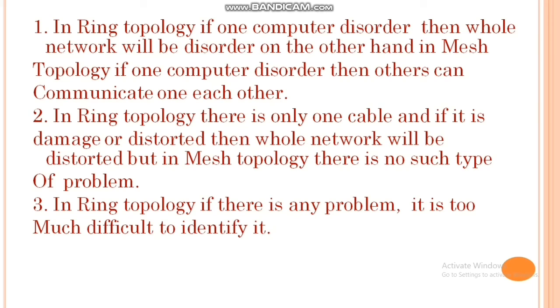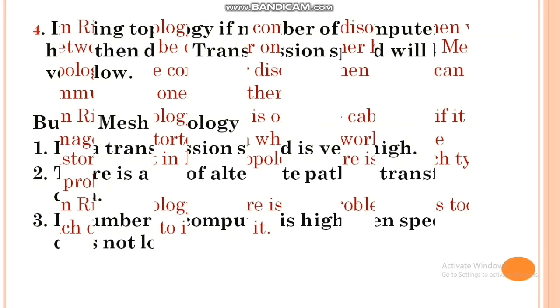Number 2, in ring topology, there is only one cable, and if it is damaged or destroyed, then the whole network will be destroyed. But in mesh topology, there is no such problem. Number 3, in ring topology, if there is any problem, it is very difficult to identify and solve it.